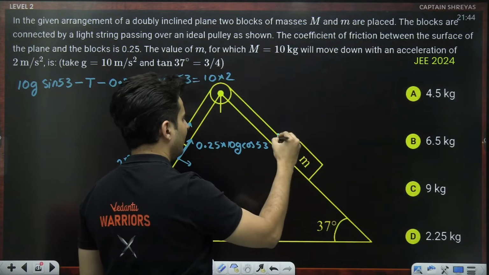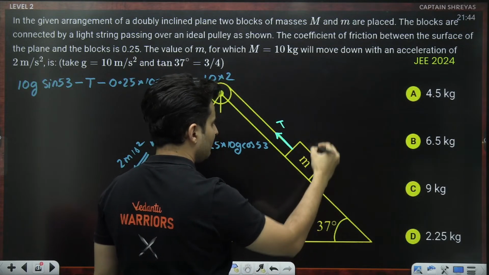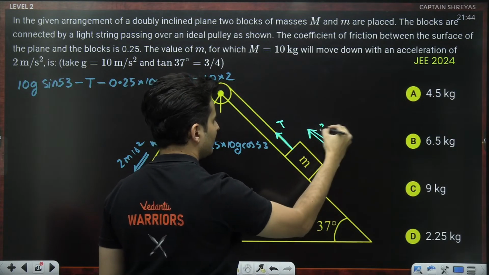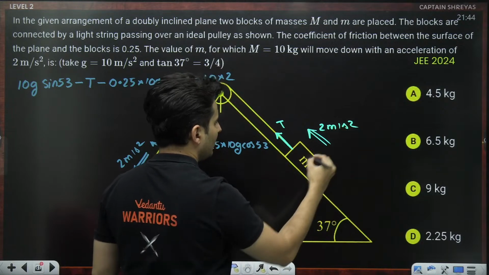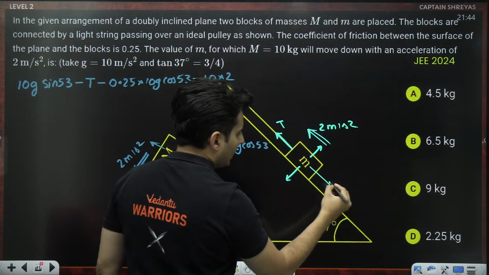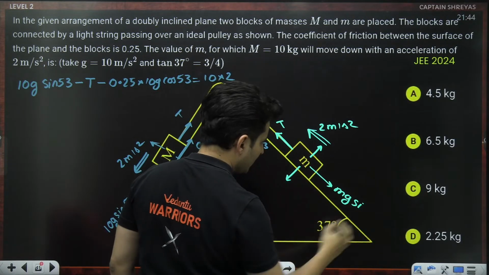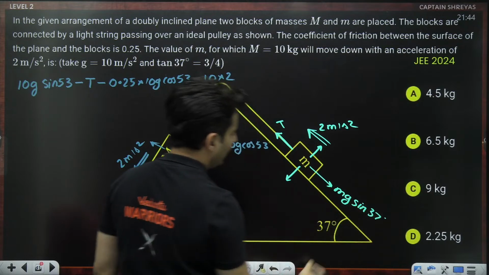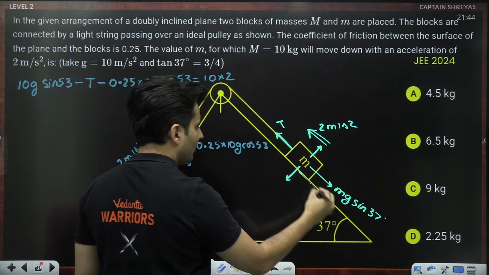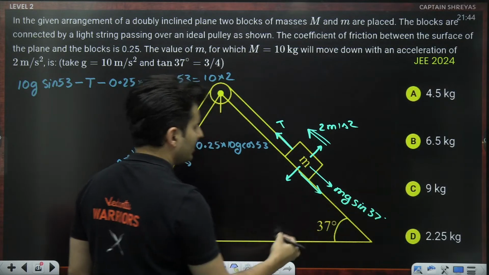Same thing you do for this block. There will be one tension up the incline. This mass is accelerating like this with 2 meters per second square. Normal and mg cos are anyway there. Mg sine 37 will be downwards. Because it is sliding up, friction will act down the incline, which will be mu mg cos theta.